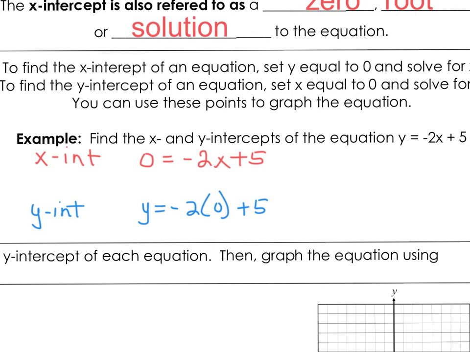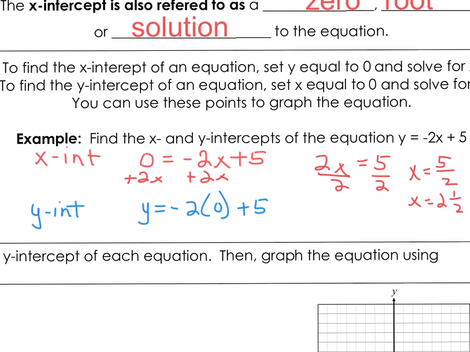For the first one, I'm going to add 2x to both sides because I'm trying to isolate the x. So I end up with 2x equals 5. Now I'm just going to divide by 2 on both sides, so I get x equals 5/2. Now I can change that to a mixed number and say x equals 2 1/2.